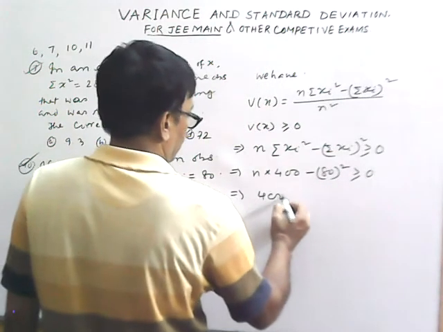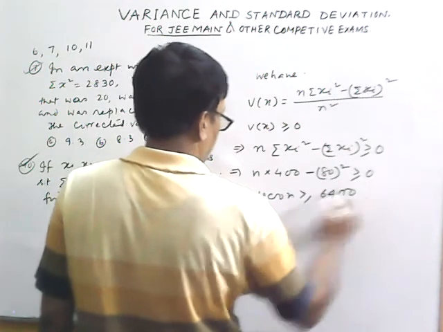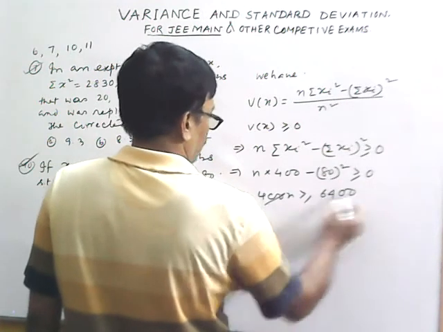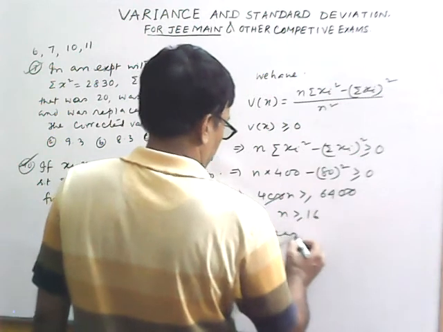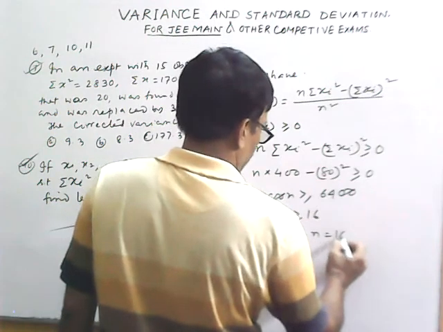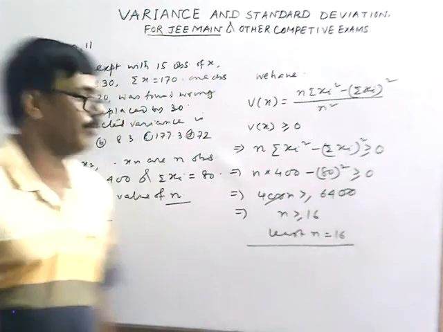So 400n is greater than or equal to 6400. So what is n? N is greater than or equal to 16. So least n equals 16.